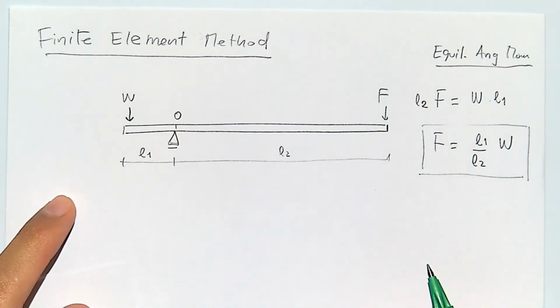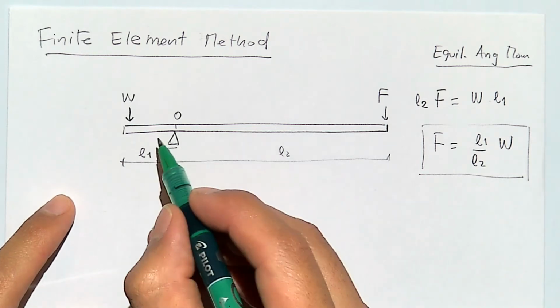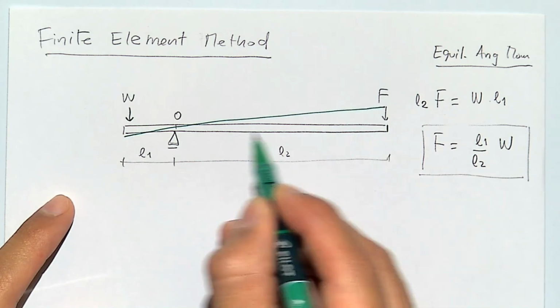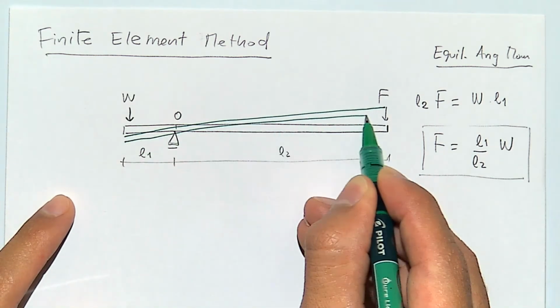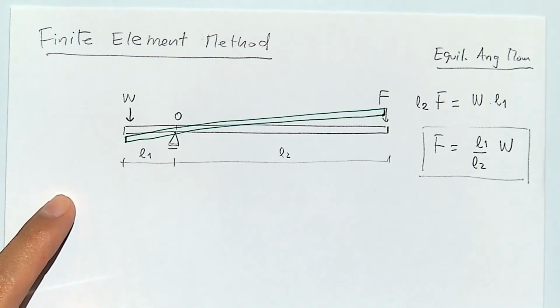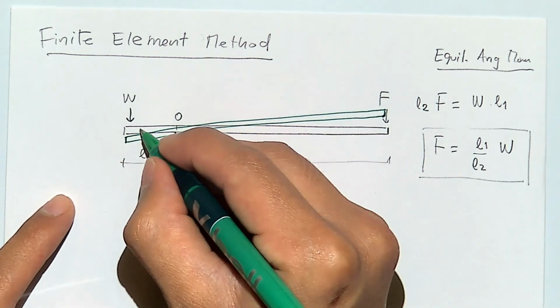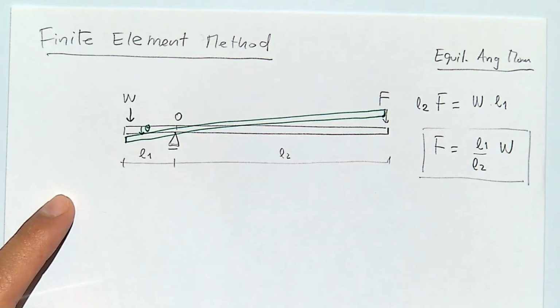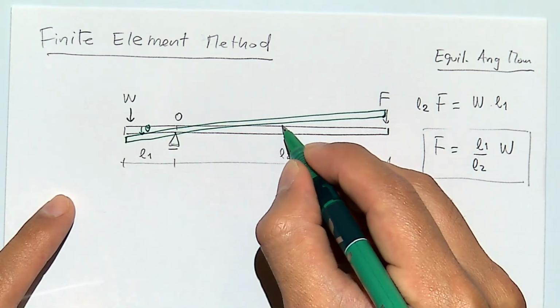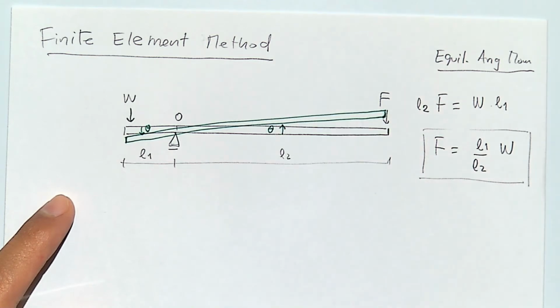We are going to assume that we make a tiny displacement, which may not be real, but it's a tiny displacement of that bar. So it moves an angle theta to the left, and that's the same angle theta on the right.